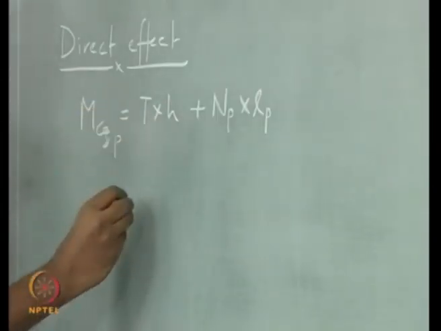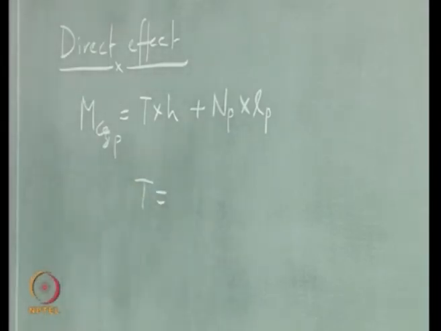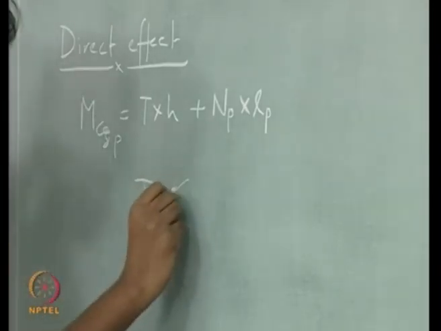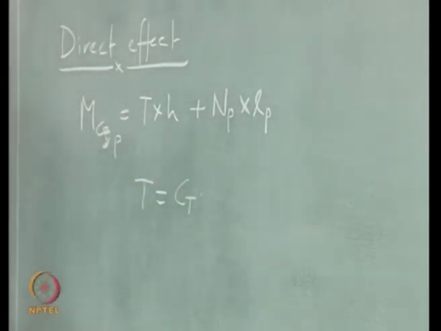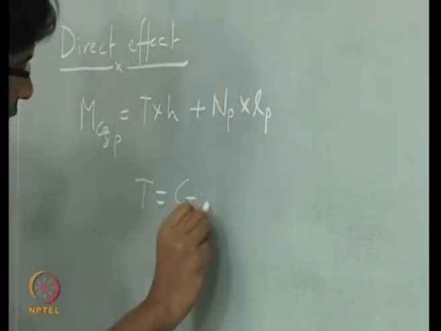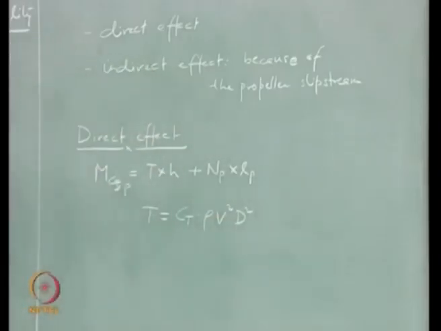You can write this thrust in terms of a non-dimensional coefficient, which is the thrust coefficient, and it's called Ct, Ct into rho V squared D squared. Okay.